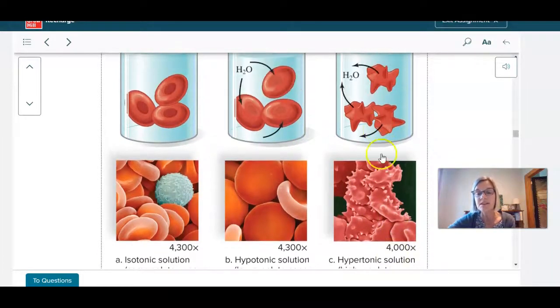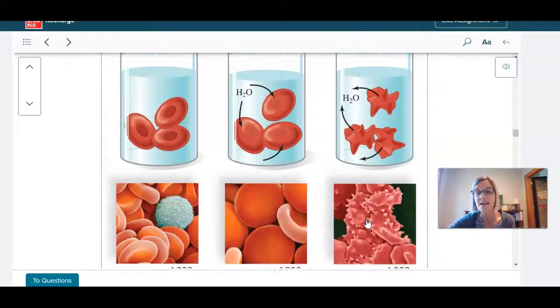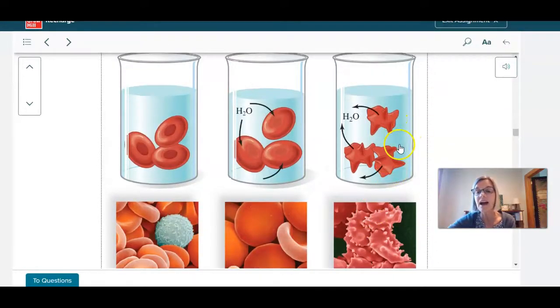If I take red blood cells and I put them in a hypertonic solution, hyper sounds like high, and that means a high salt solution outside of the cell or a high sugar solution. If I have a high amount of solute outside of the cell, that means I have a low amount of water. So the water inside the cell is at a higher concentration, and osmosis says water moves from high concentration to low.